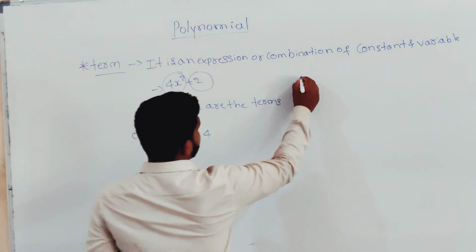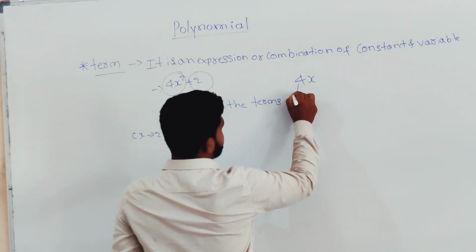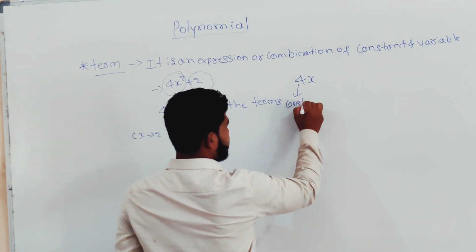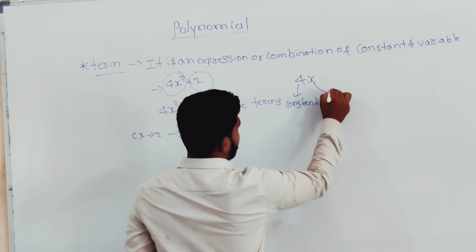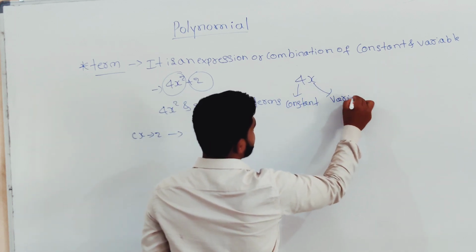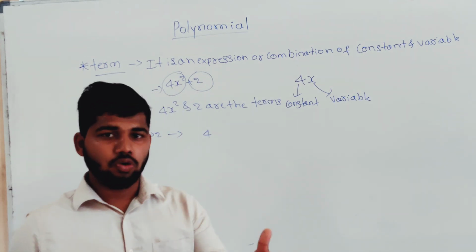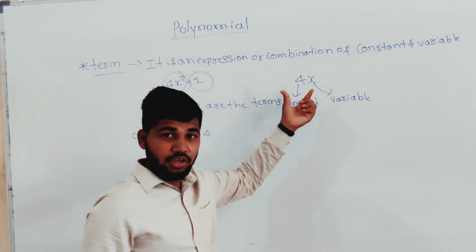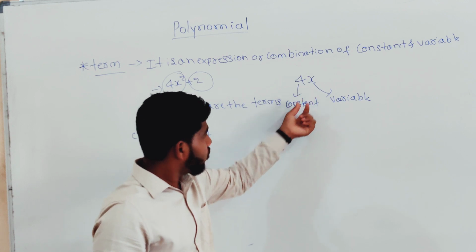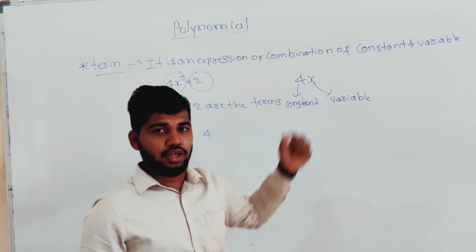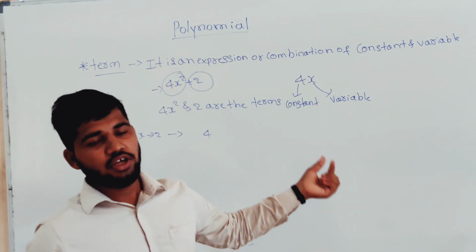In the term 4x, 4 is the constant, which never changes, and x is the variable.